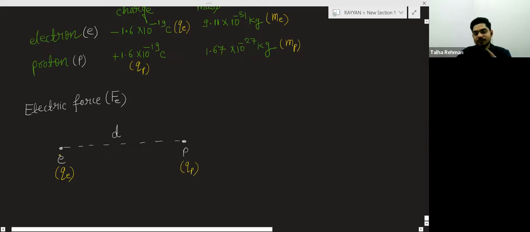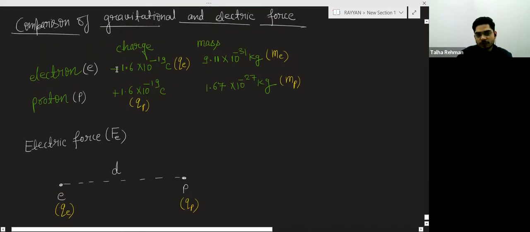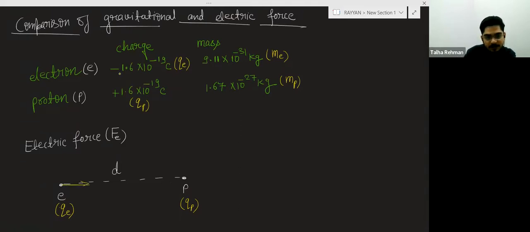We know that the electron and proton are of opposite charge, so they will attract or repel? They will attract each other with the electric force.